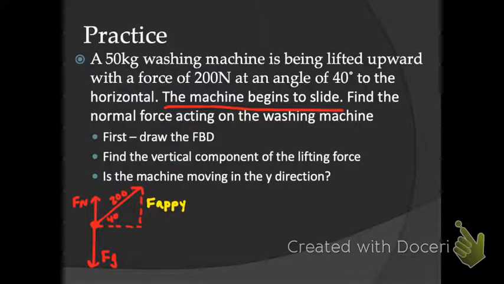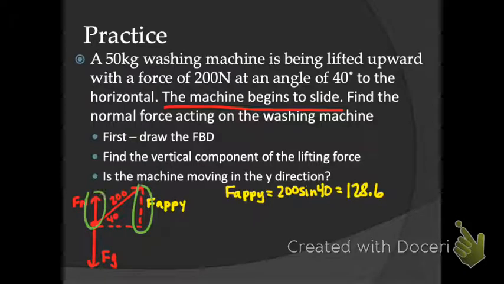So if I was going to solve for F applied Y, I would take 200 times sine of 40, and I get 128.6 newtons. And so now as I go to look at my net force equation, like we said, we've got 3 vertical forces, 1, 2, 3, all that we have to take into account.